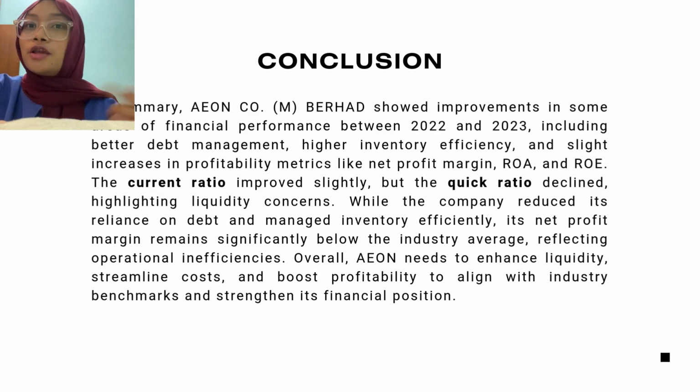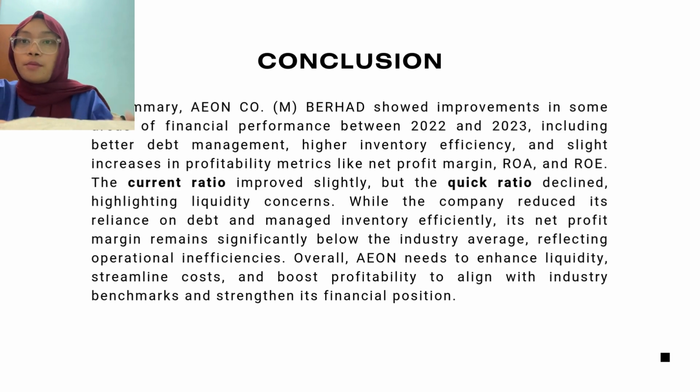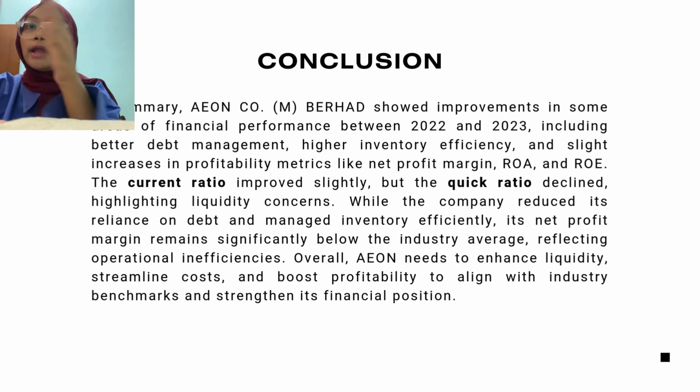So the conclusion we got is, in summary, Aeon Co Berhad shows some improvements in some areas of financial performance between 2022 and 2023, including better debt management, higher inventory efficiency, and slight increases in profitability metrics like net profit margin, ROA and ROE.